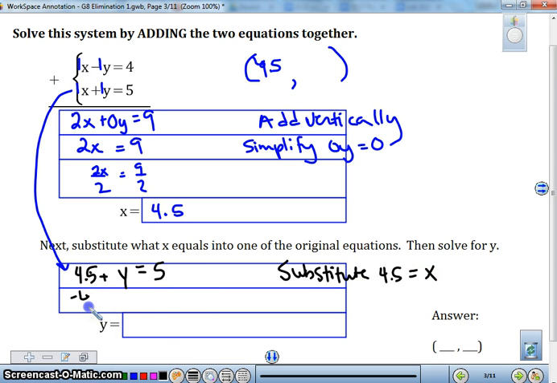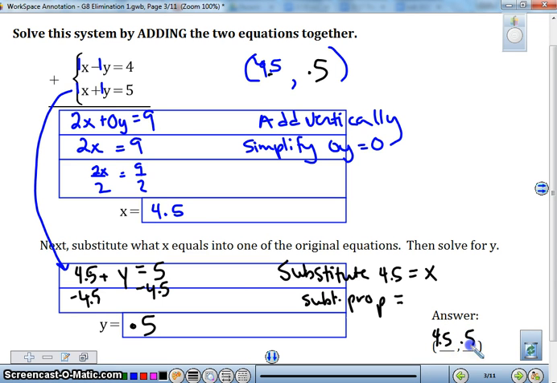We now are subtracting 4.5 from both sides. That is our subtraction property of equality. And when we do that, we're left with y equals 0.5. So our final answer was 4.5, 0.5.